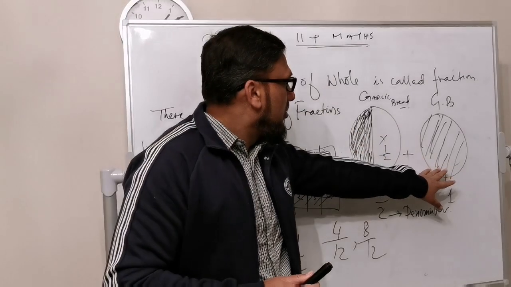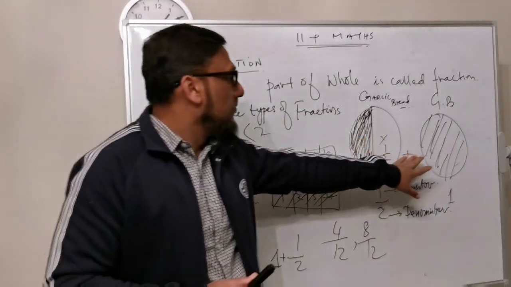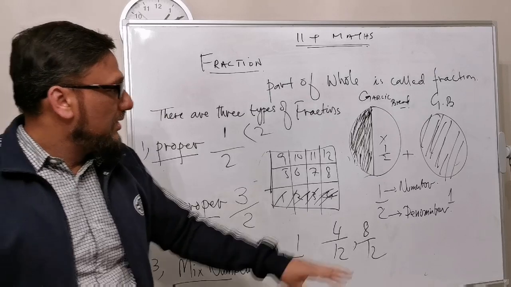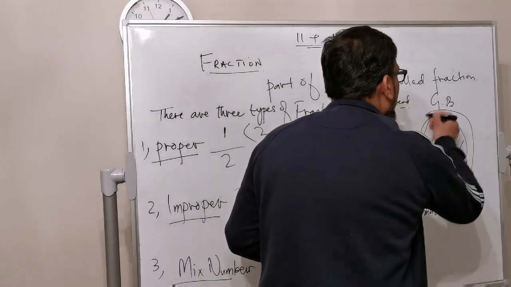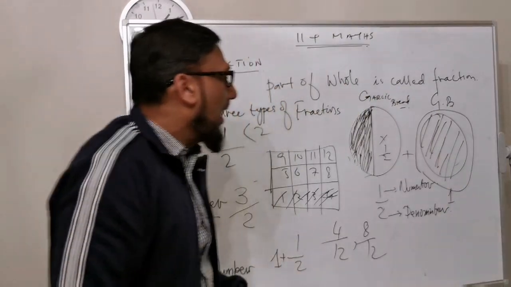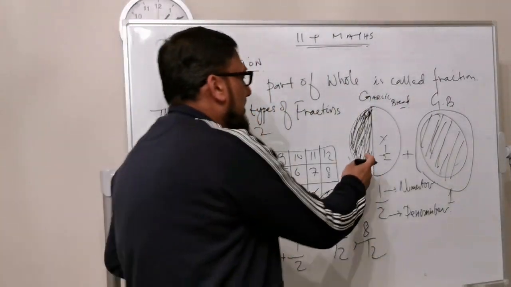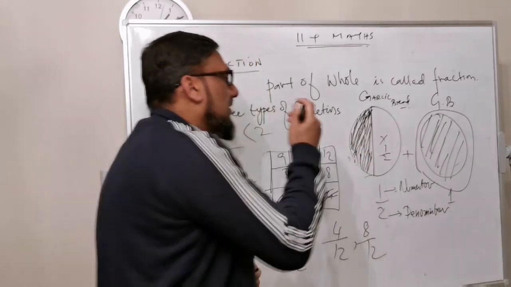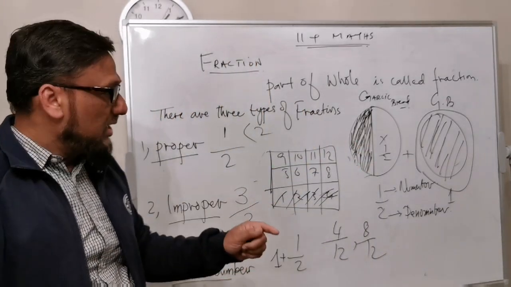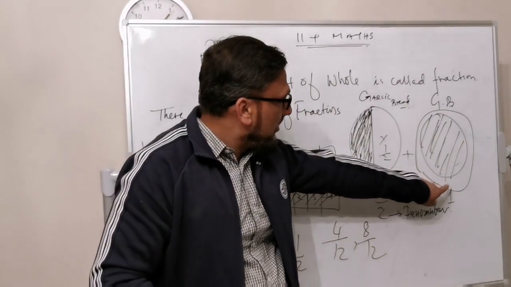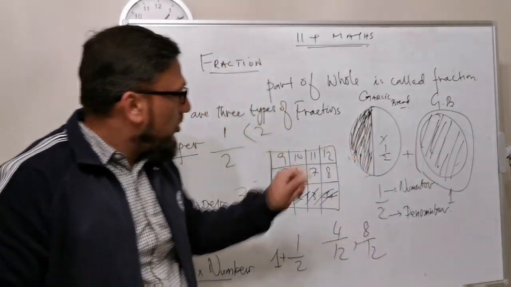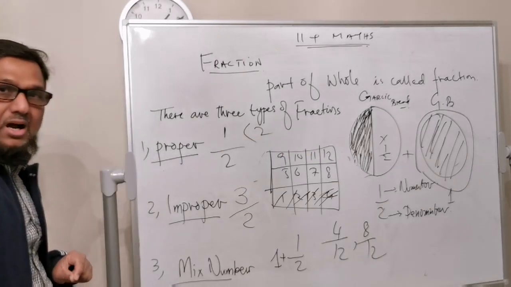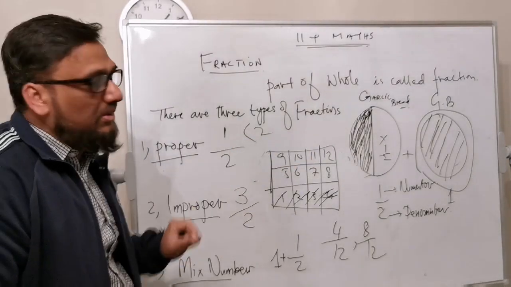there are 2 garlic breads we ordered, okay? I finish this garlic bread and also finish half of the other garlic bread. So it means I finish one complete garlic bread and also half of the second one.